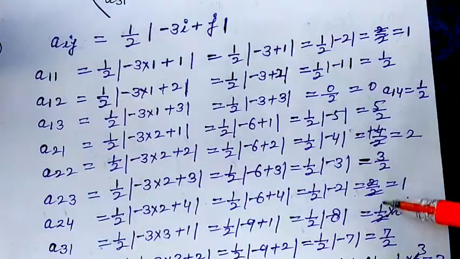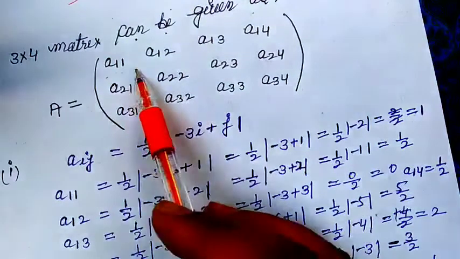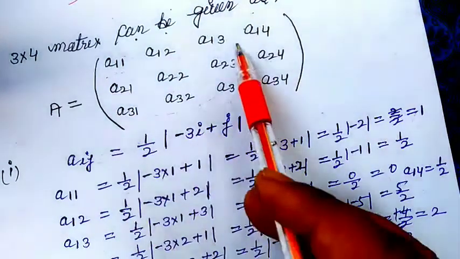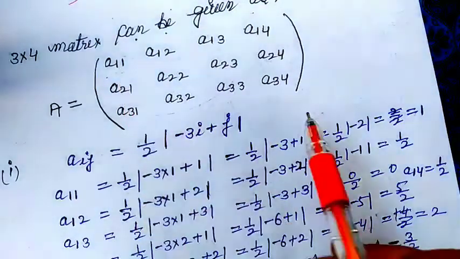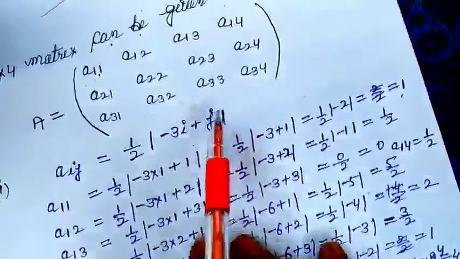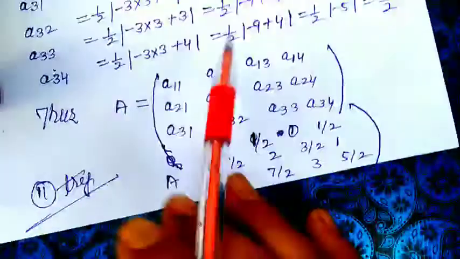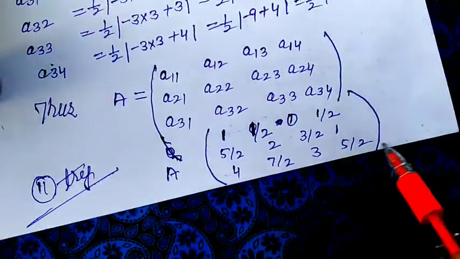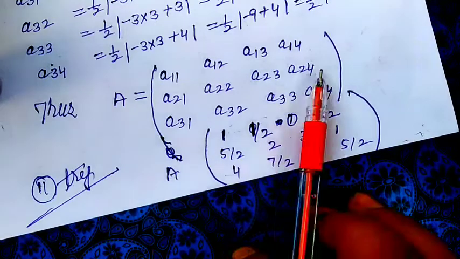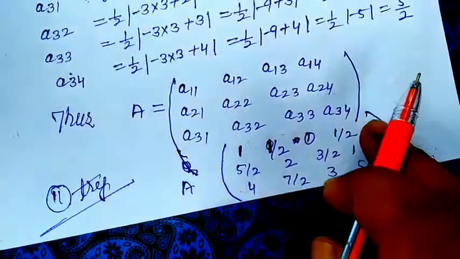We found those values, and you need to put them in this matrix. So we put 1 in place of A11, A12 we put 1 over 2. After putting them, we got this type of matrix. It's the required answer. Now move to the next question.